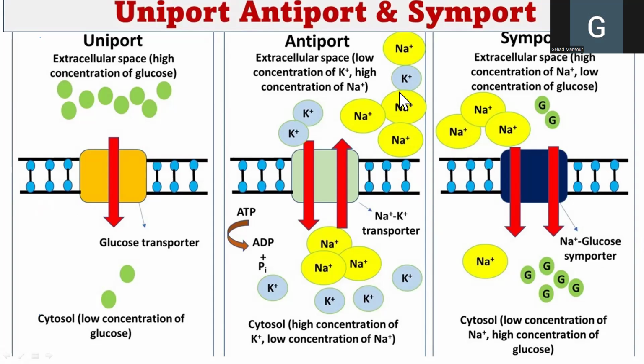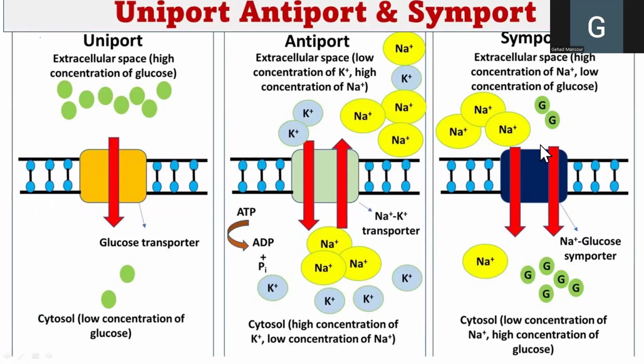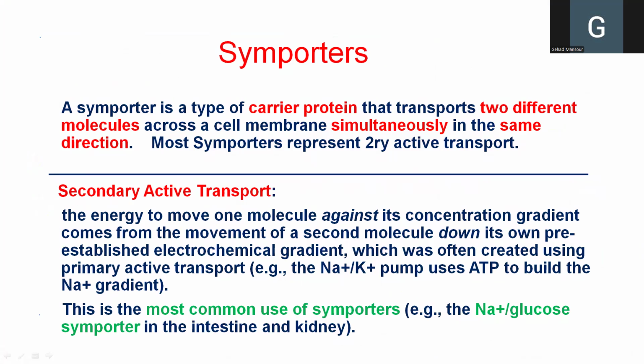And this energy stored by this electrochemical gradient will be released in case of the symport. So this is the most common use of the symporter. So the sodium glucose symporter, first of all, is an example of secondary active transport. And second, you should know that this is the way we transport glucose in the kidney tubules and across the intestines.